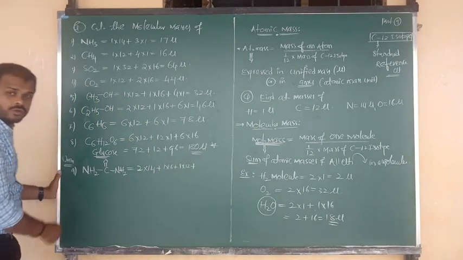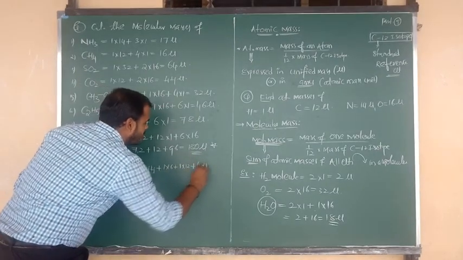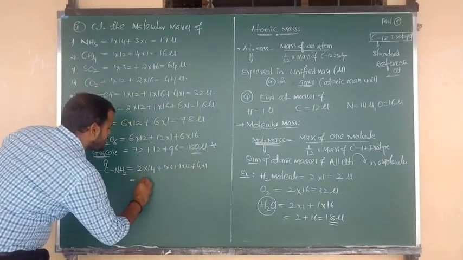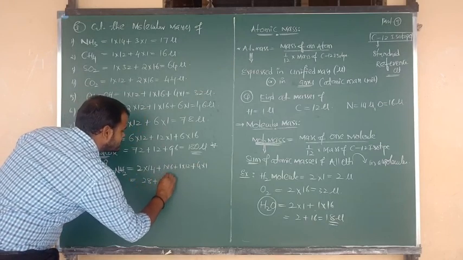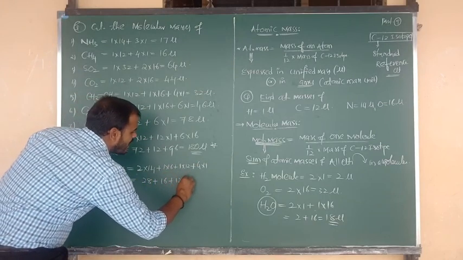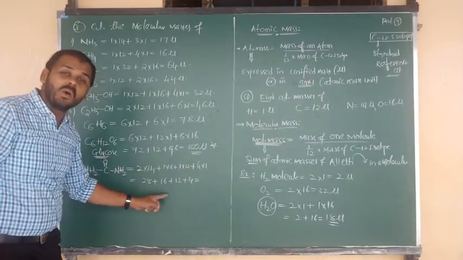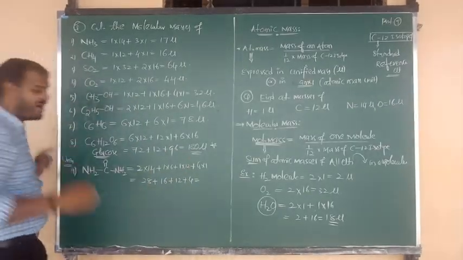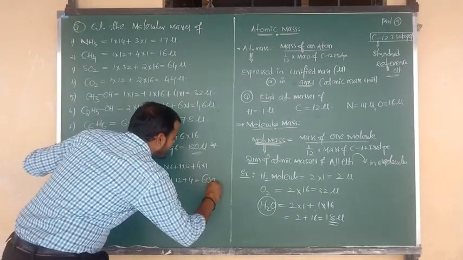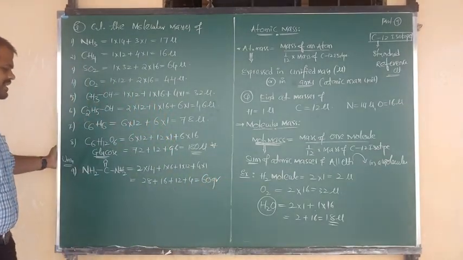Number of hydrogens is 2 twos, 4, so 4 into 1. 14 2s are 28 plus 16 plus 12 plus 4. Sum of atomic masses of all elements present in the urea molecule. So the total is 60 grams if you want to check that.